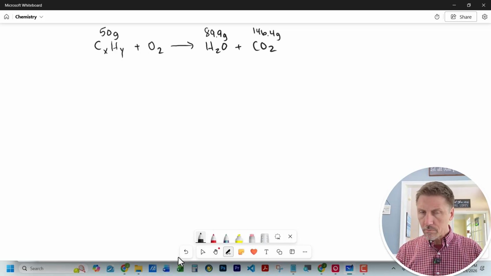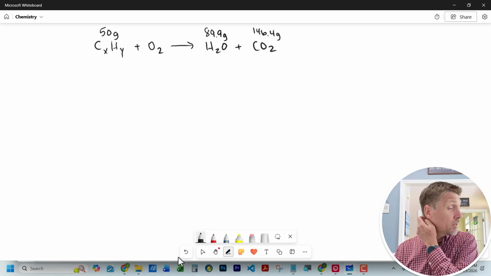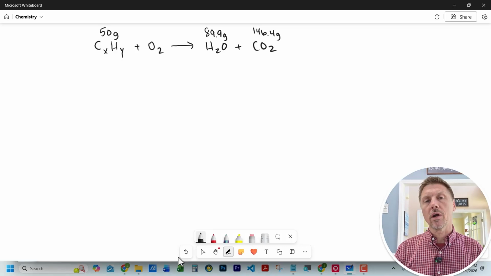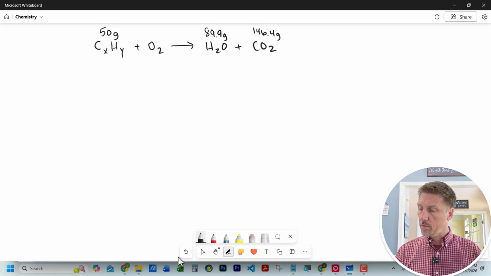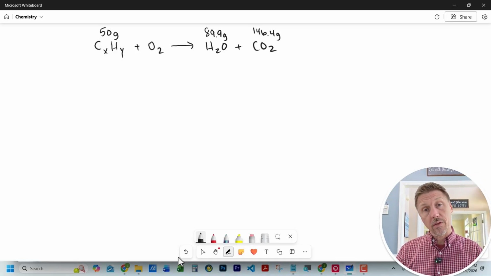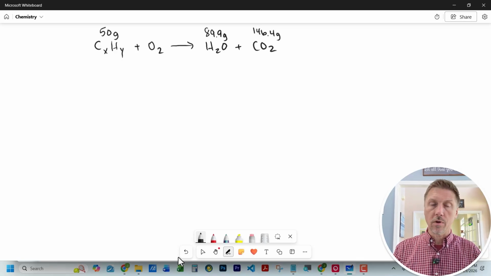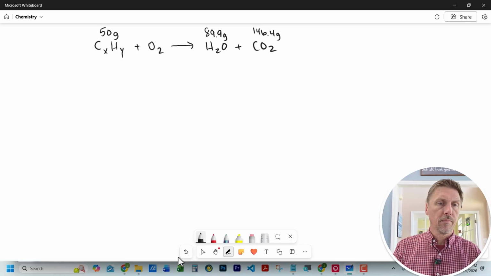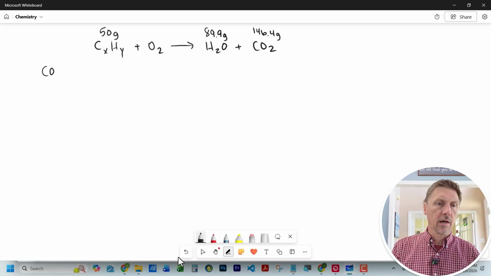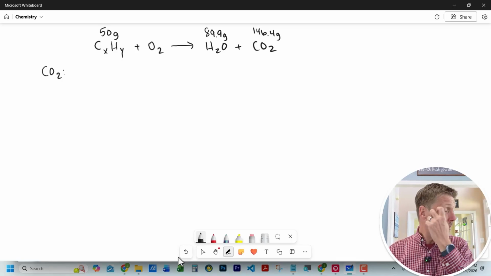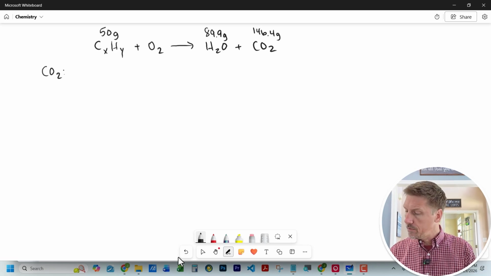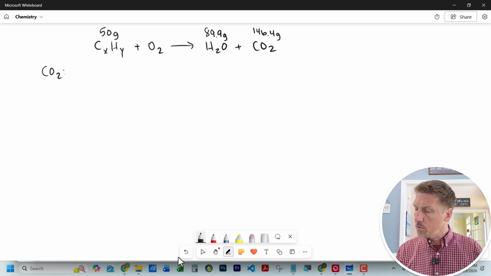Well, we're going to do some things similar to the last problem we did. We are going to figure out the number of moles of carbon dioxide that's produced, and we're going to figure out the number of moles of H2O that's produced. And we do that by going to our periodic table, just like we did for the previous problem. We want to find out what the atomic mass is of CO2, so we can figure out its molar mass.